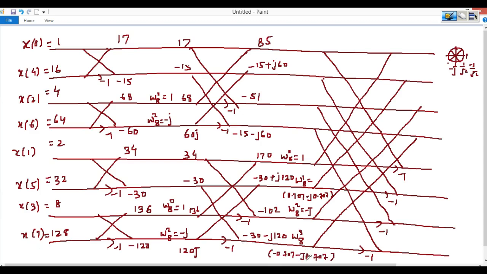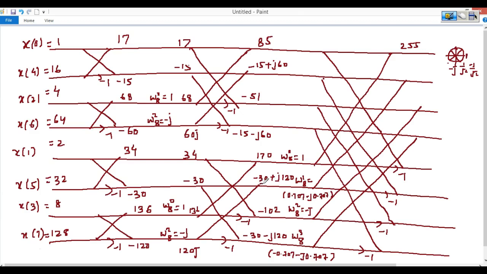How to find this, you have seen in the previous lecture. So now these values: 85, and this is 170 into 1 is 170, so 170 plus 85 will come to 255. Now the next one, minus 15 plus j into 60, and minus 30 plus j into 120 into minus 0.707 minus j into 0.707.